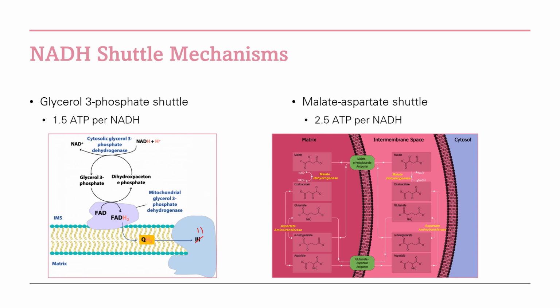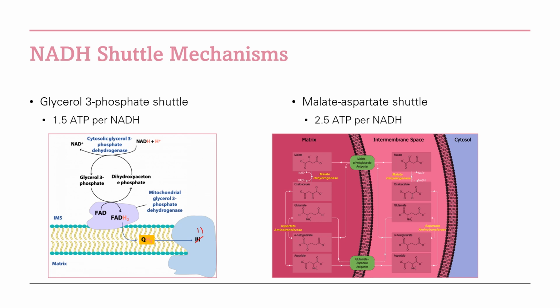On the other hand, the malate aspartate shuttle uses an enzyme called malate dehydrogenase, which transfers the NADH's electrons to oxaloacetate, forming malate. Since neither NADH nor oxaloacetate can cross the inner mitochondrial membrane, transfer to malate in the cytoplasm is needed to cross the membrane.